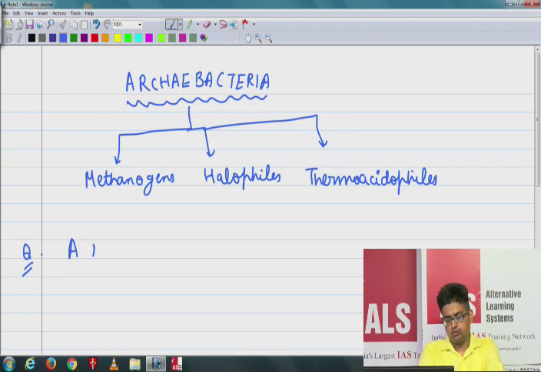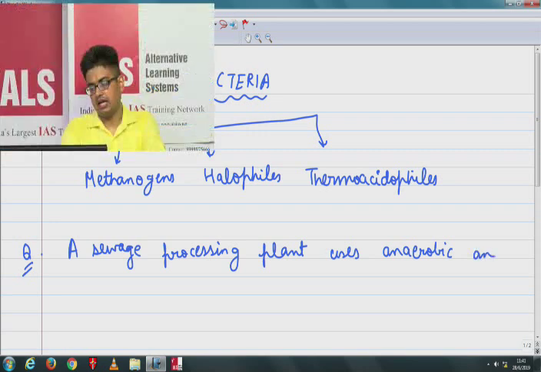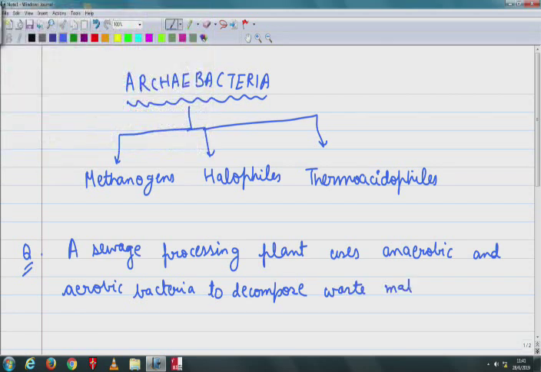A sewage processing plant uses anaerobic and aerobic bacteria to decompose waste materials. All right?